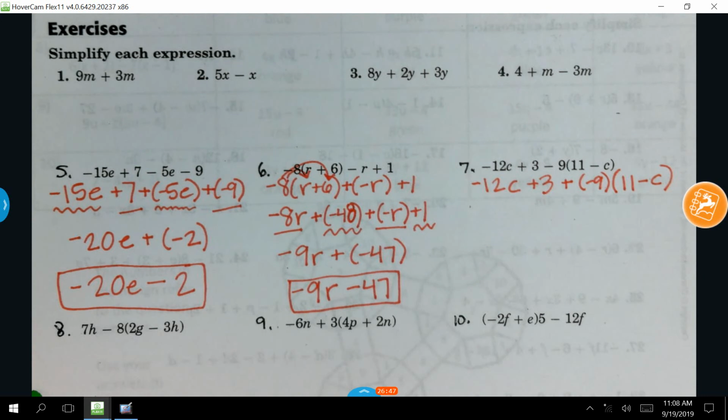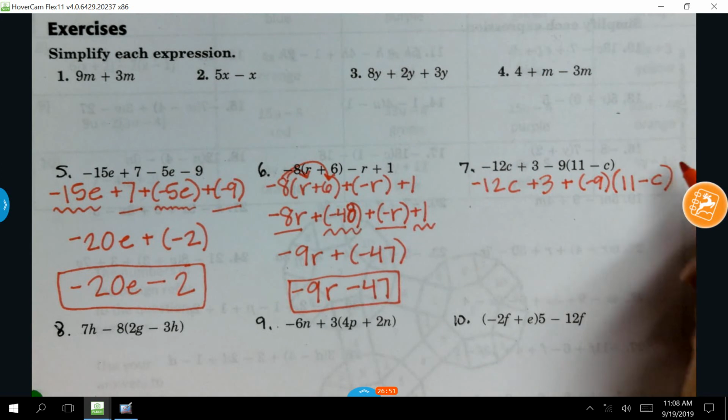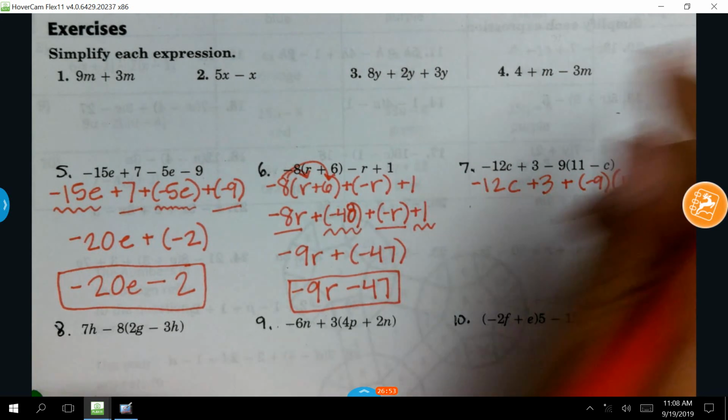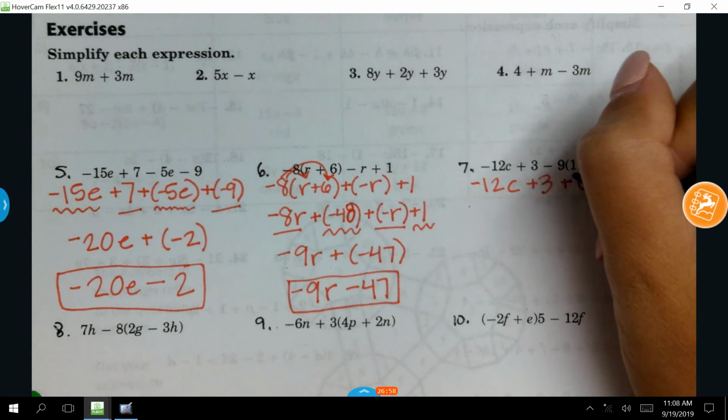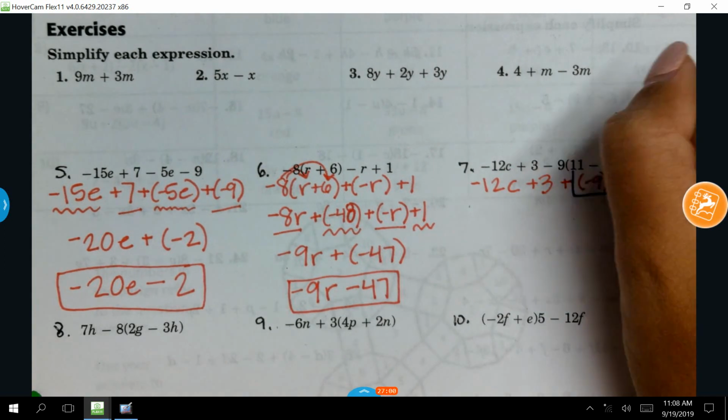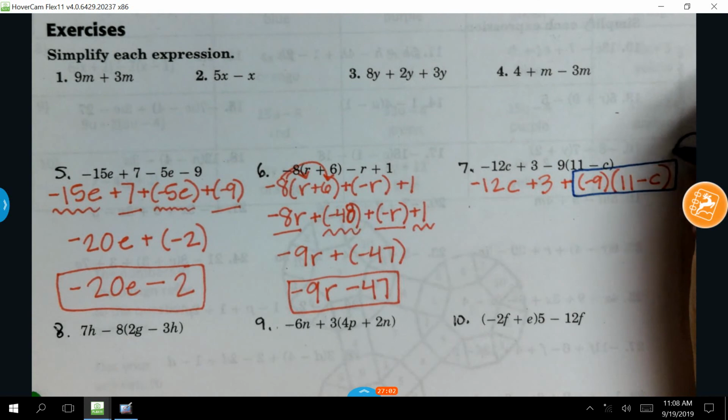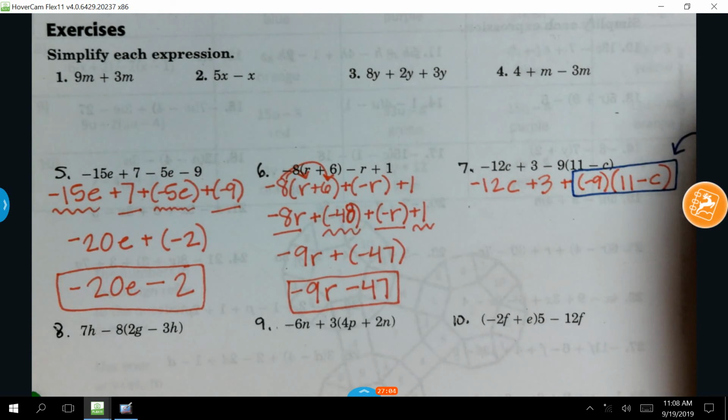Okay. So before I can combine any like terms, I've got to evaluate this distributive property right here. So I'm going to actually make a little note of that and circle it. And you might want to do this too, so that when you're looking at your notes, you can figure out how did I get from one place to another.